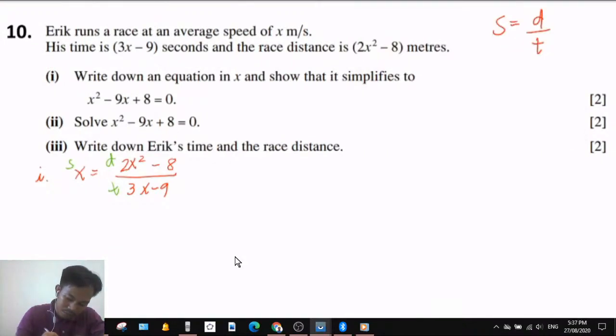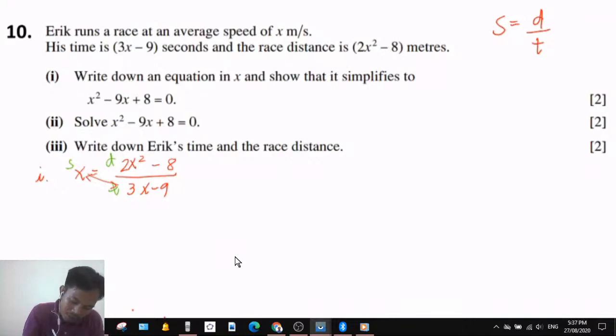Next, I will now multiply x and 3x minus 9. X times 3x minus 9 is 3x squared, x times 9 is negative 9x, is equal now to 2x squared minus 8.